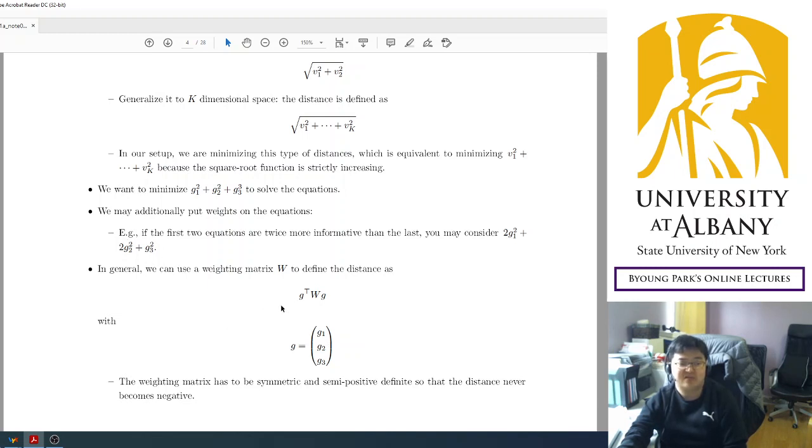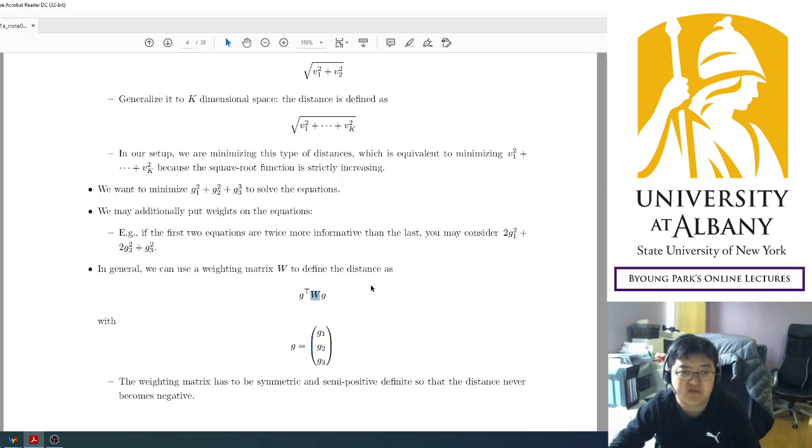We have squares, so you have to multiply g and g, but in between them you put a matrix. So depending on the values of the weighting matrix W, the weights on G1, G2, G3 could be different.